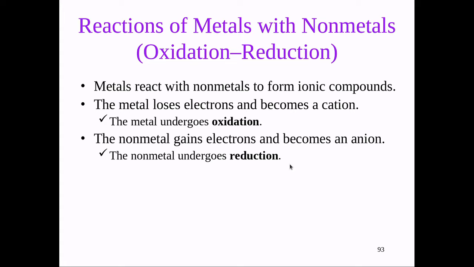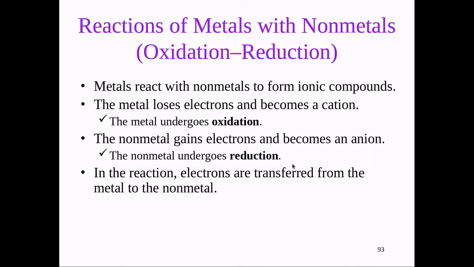This is because it's undergoing reduction, right? We talked about which ionic species we would form, and we knew what charges they would take on, but we never really thought about the fact that there had to be a transfer of electrons in order for that to occur. So in redox reactions, the electrons are transferred from the metal to the nonmetal.